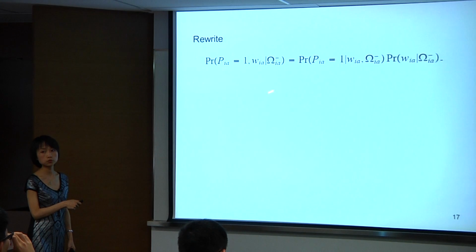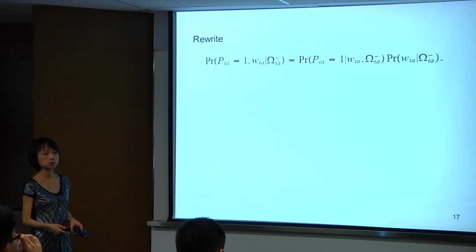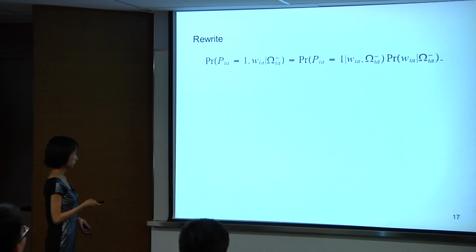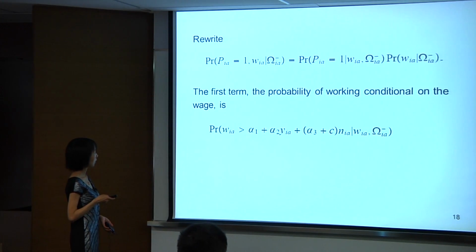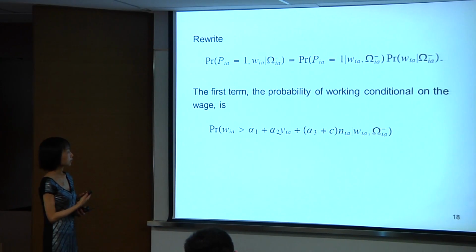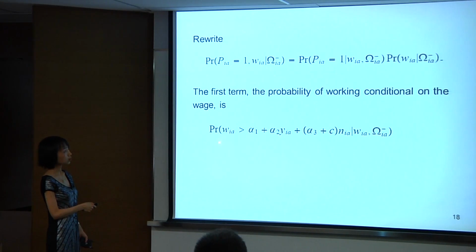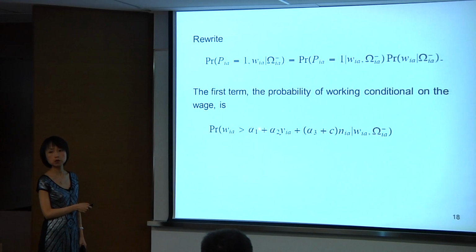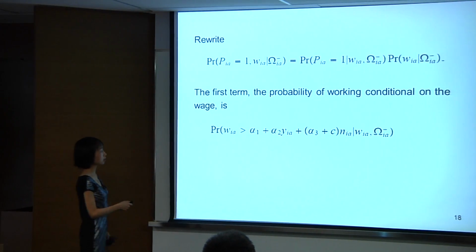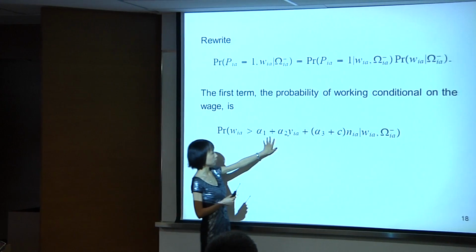The joint distribution is just the marginal times the conditional. Now the first term is the probability of working conditional on wage, which we know what it is. It's our decision rule. You participate if your wage is high enough. In this case, if your wage is bigger than this.